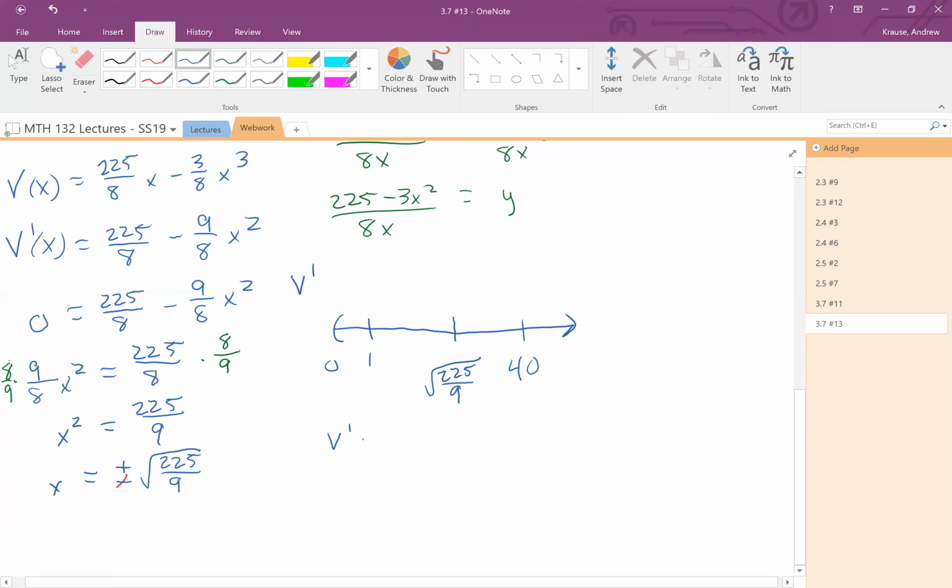Okay, so if we find v prime of 1, we get 225 over 8 minus 9 over 8. And that, of course, is a positive number.